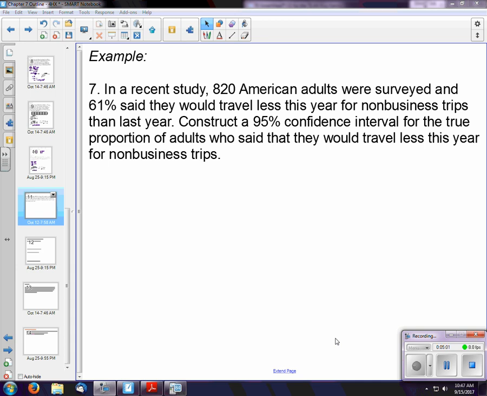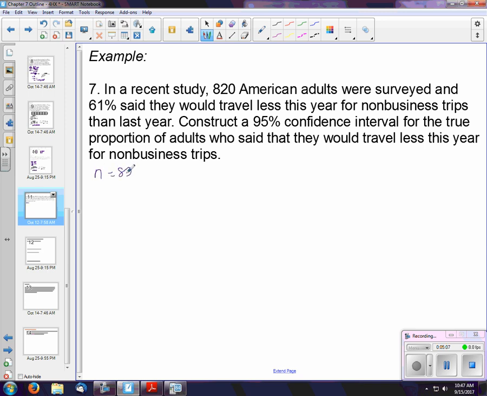So let's go ahead and try this one by hand since the numbers are a little bit nicer in this case. We have a sample of 820 Americans. 61% said they would travel less this year than last year. So that means that they're telling us p hat is 0.61. That means that q hat is 0.39.